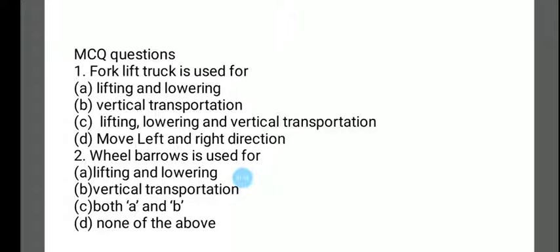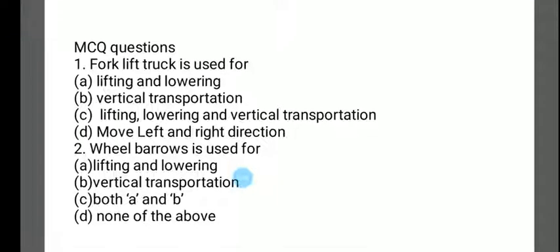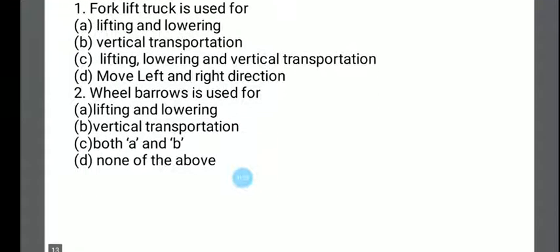The forklift truck is used for lifting, lowering, and vertical transportation. Another question: what is the wheel used for: lifting and lowering, vertical transportation, both A and B, or none of the above? The answer is lifting and lowering.